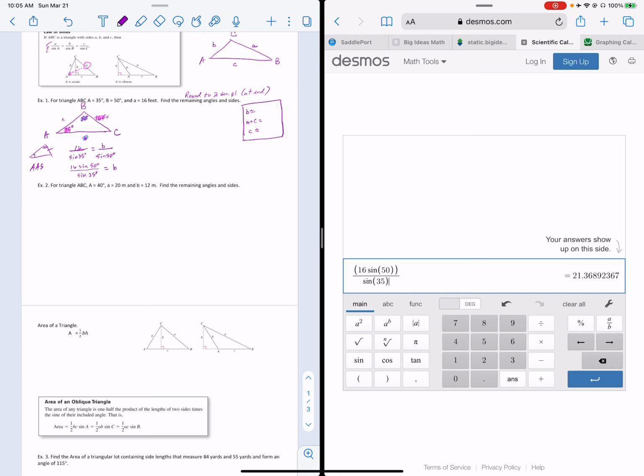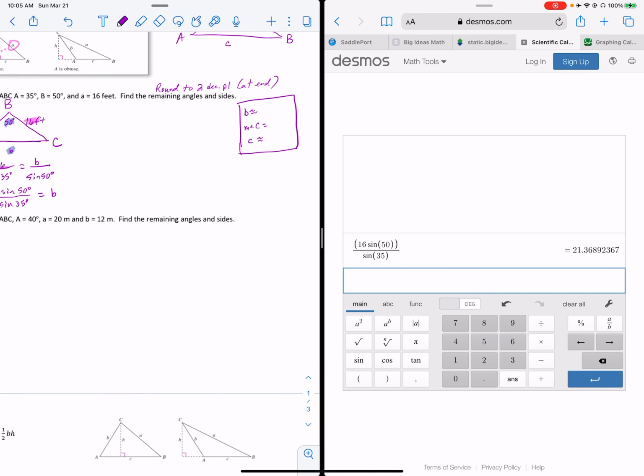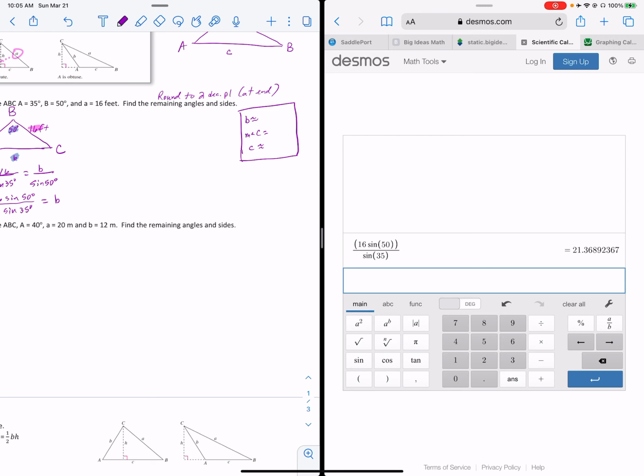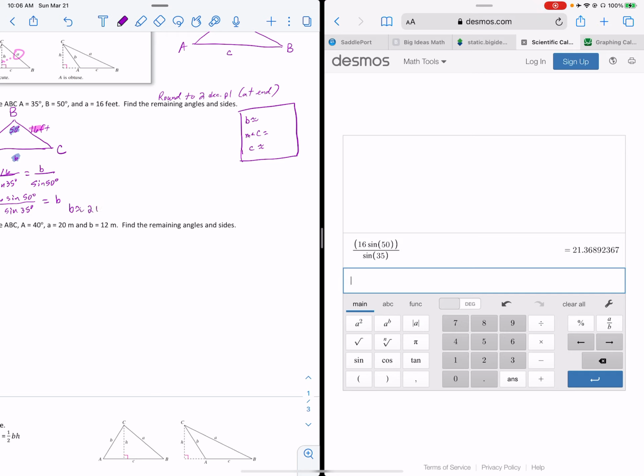And so that 21.3689, you need to write those values down, go to 5 decimal places, because this isn't my final answer. And I'm going to get B to be 21.36892.